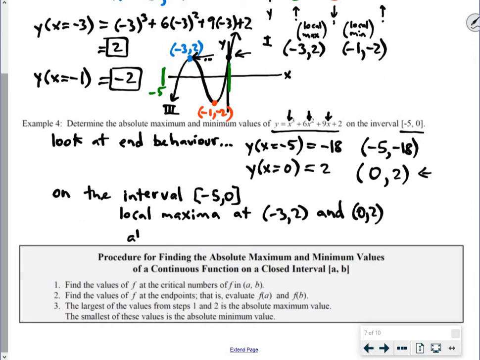And we have an absolute minimum at (-5, -18), right? That's the lowest y value. The other local min doesn't even compare. It's nowhere near as low as the endpoint there.